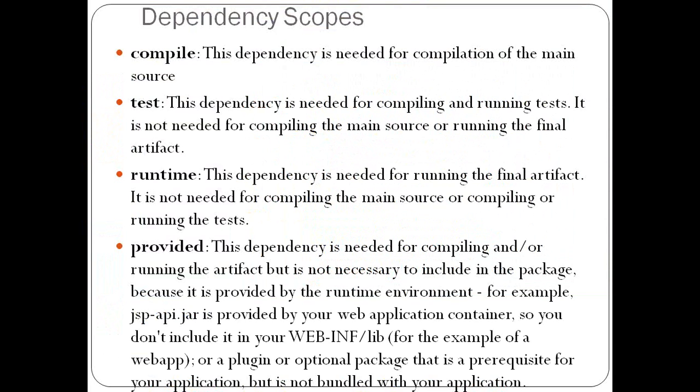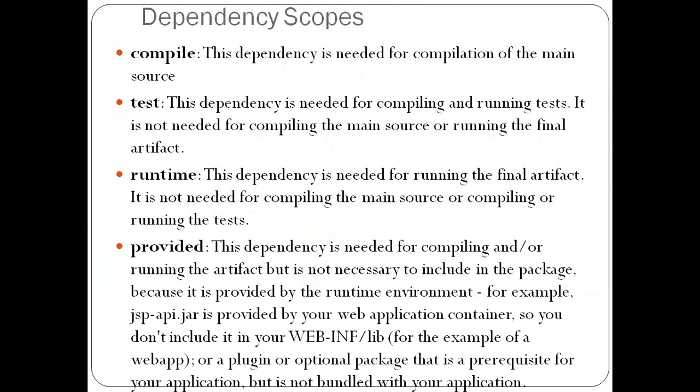And the next one is provided. This dependency is needed for compiling or running the artifact, but it is not necessary to include it in the package, because it's provided by the runtime environment. Suppose we take the servlet API jar and JSP API jar. These jars are automatically provided by application containers like WebLogic, WebSphere, or Apache Tomcat.